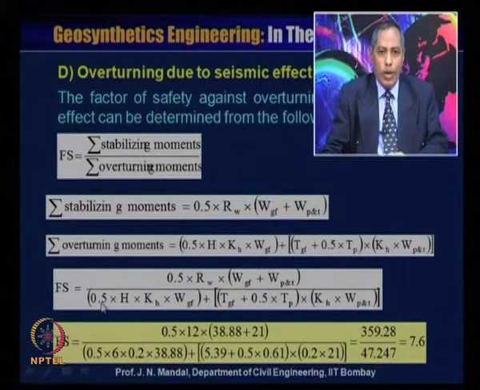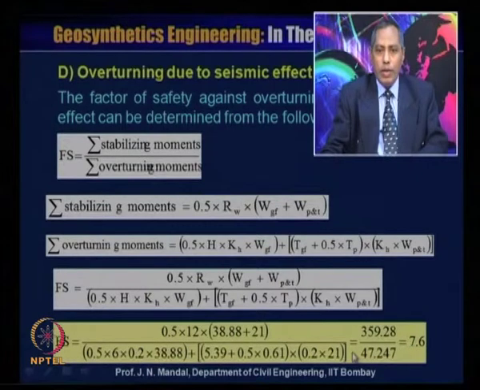This is divided by 0.5 into the height of the embankment, 6 meter, into the horizontal seismic KH value, taken as 0.2, into (the weight of the geofoam which we have calculated earlier, that is 38.88, plus the thickness of the geofoam, that is 5.39) plus 0.5 into the thickness of the pavement or cover, that is 0.61, into KH again equal to 0.2, into WPT given as 21.